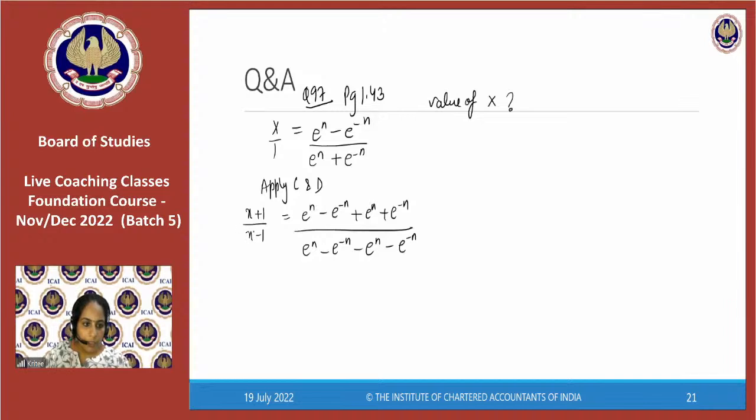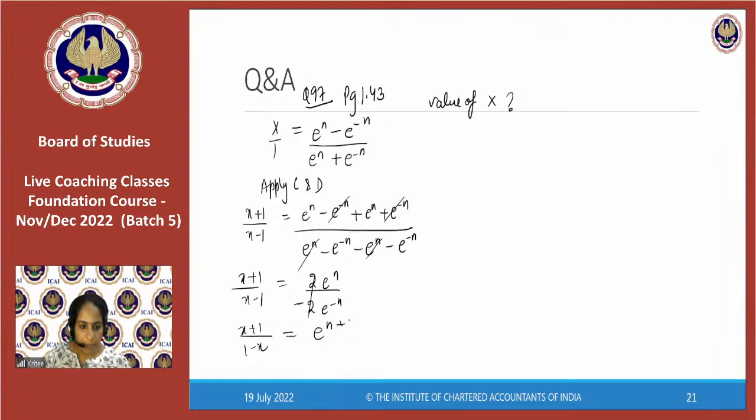So x plus 1 upon x minus 1. This cancels out. Again, here also, this cancels out. So I get 2 into e raised to power n upon 2 into e raised to power minus n. The 2s cancel out. This minus goes on the other side, so now it looks like 1 minus x instead of x minus 1 is equal to e raised to power n.